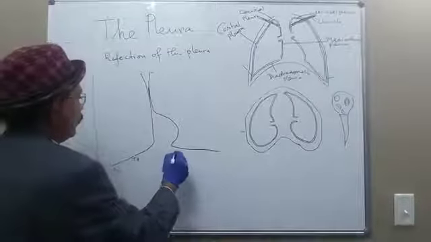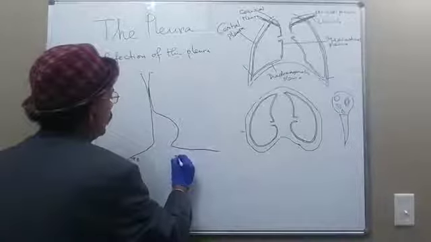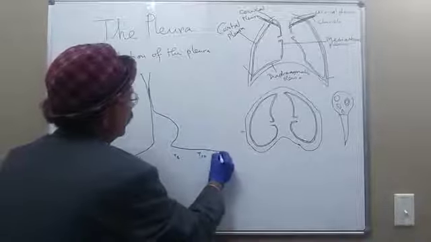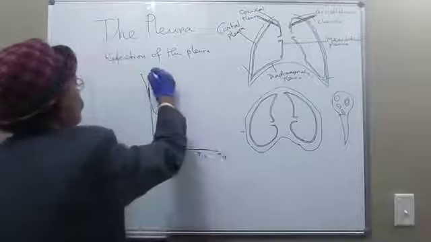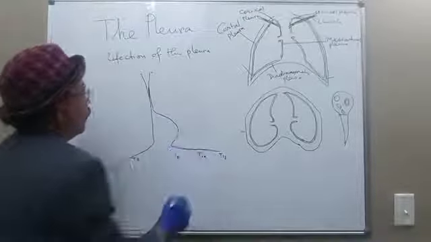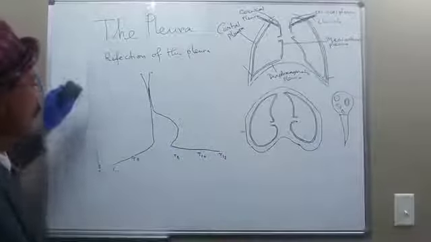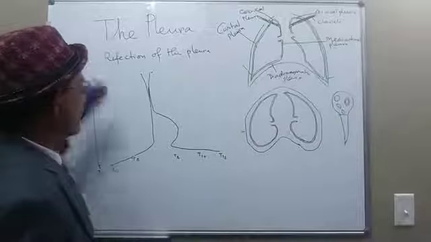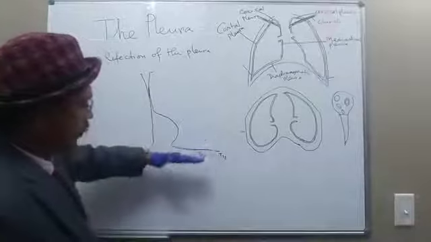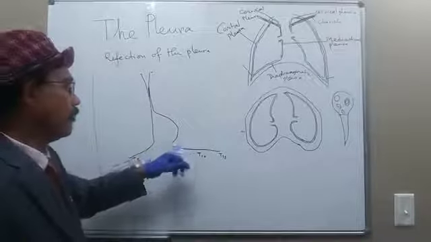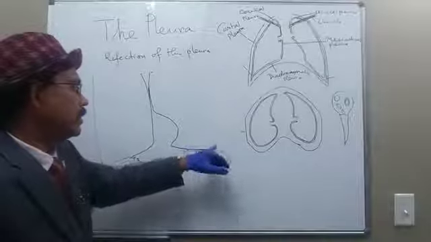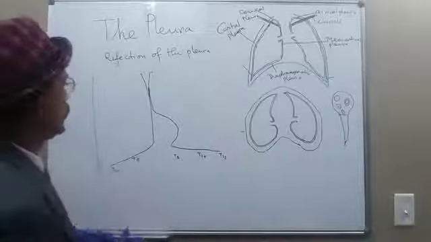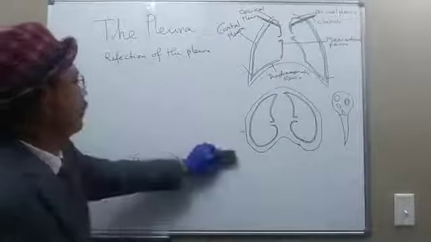It is T8 level here, then in the mid-axillary line T10, near the vertebra T12. So we have to remember 8, 10, 12. Lung normally in expiration goes to T6, T8, T10, so there is some space for the lung to expand. Okay, we got the reflection of the pleura.